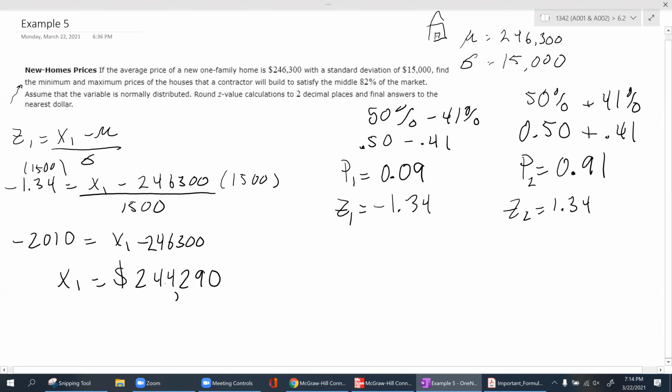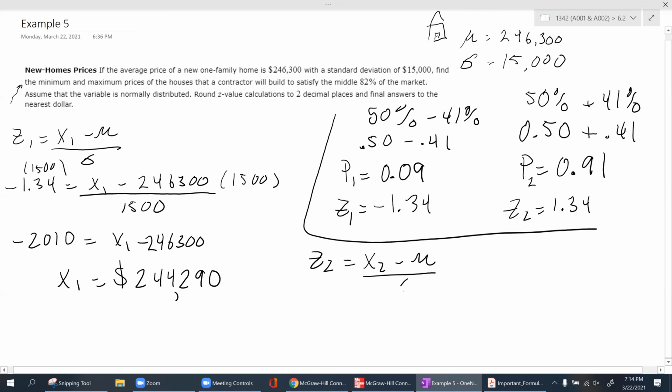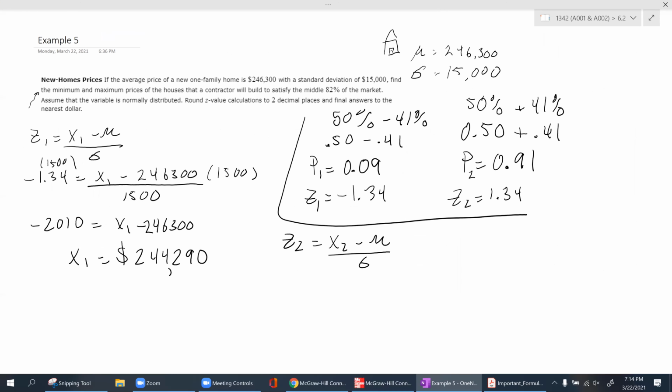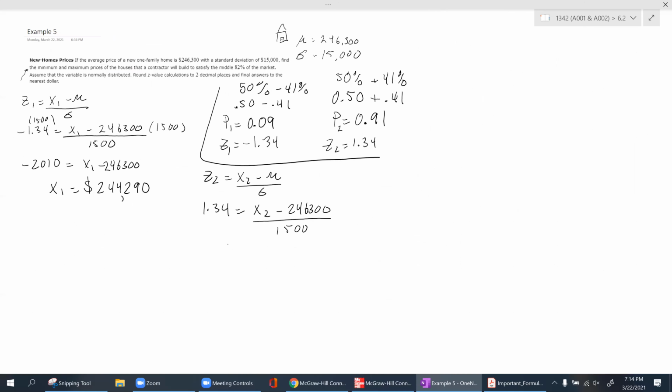I would then do the same thing for Z2, for my far value. That still gives 2010, but positive 2010 for X2.